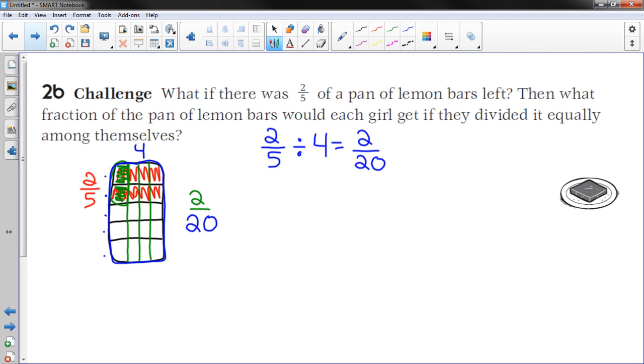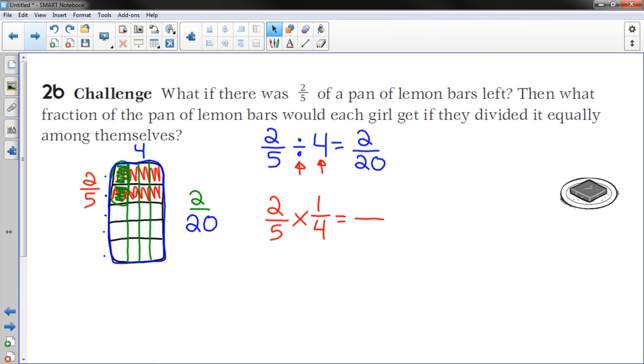Mathematically, 2/5, remember this division sign becomes a multiplication sign, and when you do that, this over here needs to become its reciprocal. So 2/5 times 1/4 is equal to, and mathematically, all you got to do now is what's 2 times 1? That's 2. And then down below in the denominator world, 5 times 4 is 20.